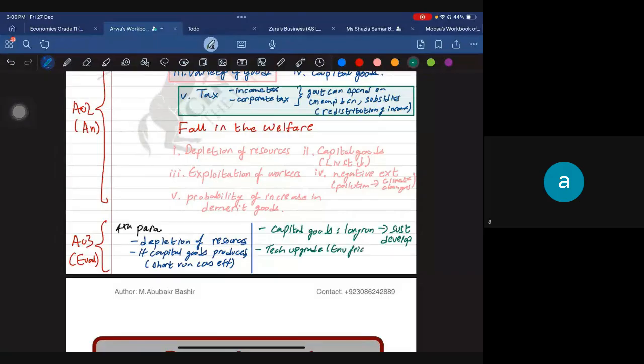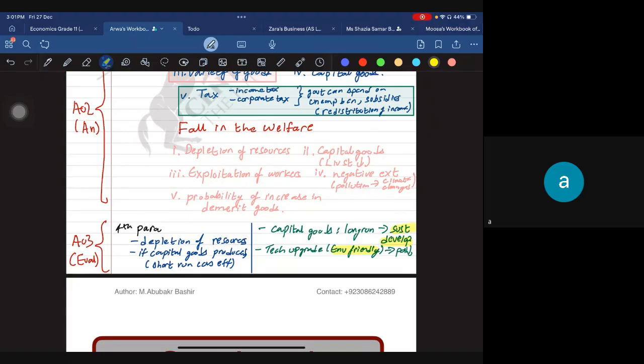It can basically reduce pollution, so there will be fewer negative externalities. You see the terminologies that I'm using here, like sustainable development and environment-friendly machines. This is very important in your evaluation. These can remove the major issues.